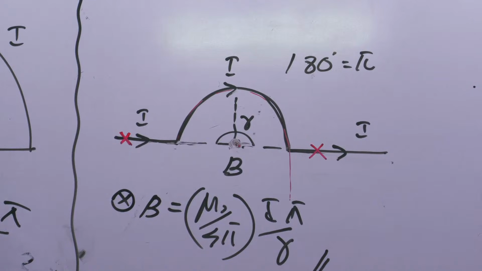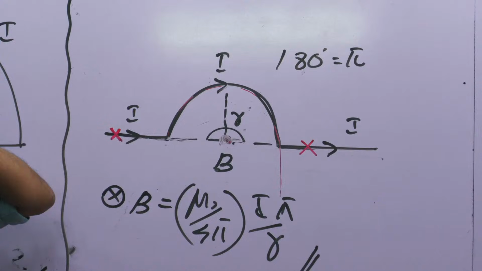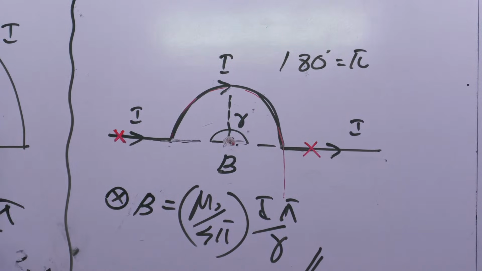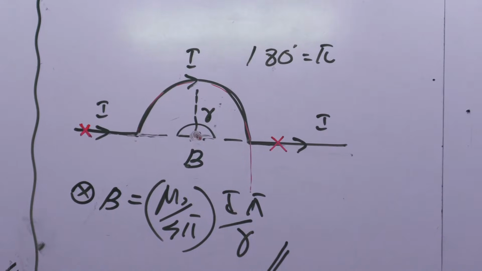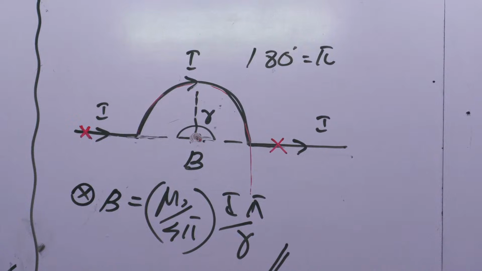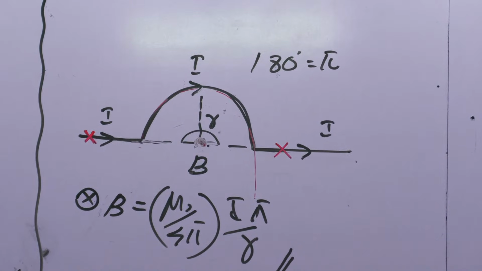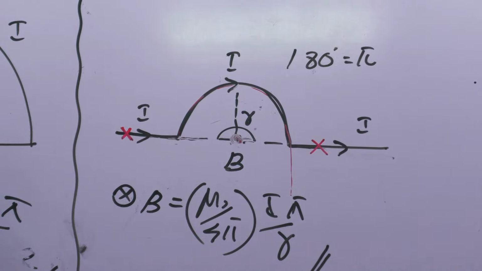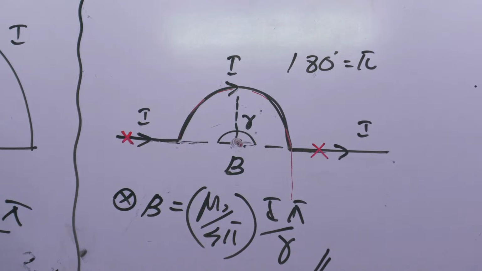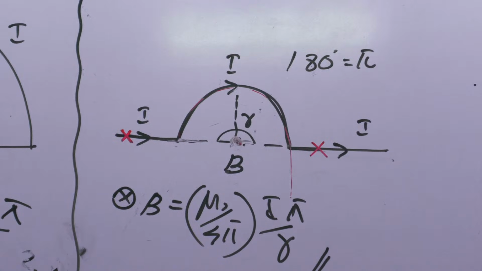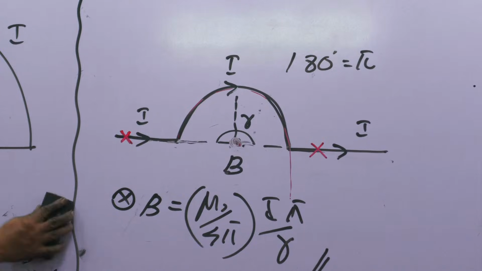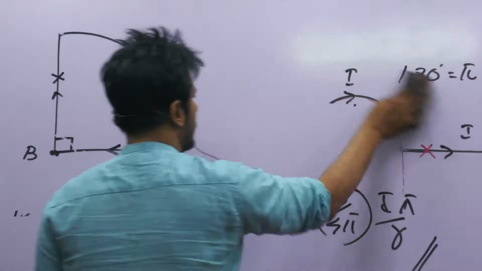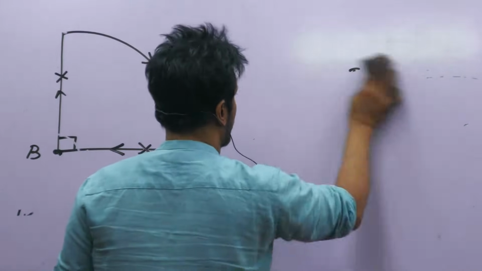When you extend the current line, if the necessary point lies on the extended line, it does not make B. Right. Then we will move to the next one.